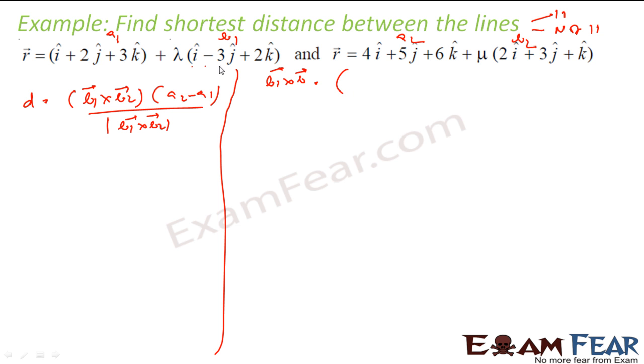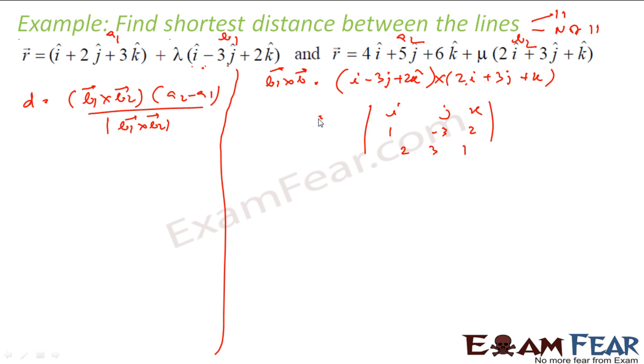This is nothing but i minus 3j plus 2k cross 2i plus 3j plus k. This is nothing but the determinant of i, j, k; 1, minus 3, 2; and 2, 3, 1. Correct?